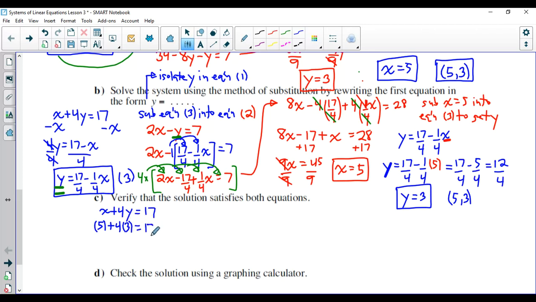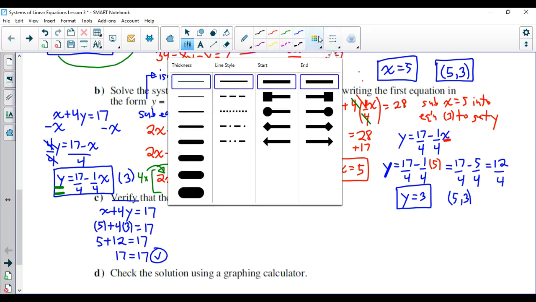And that's equal to 17. So this would be 5 plus 4 times 3 is 12, 5 plus 12 is 17. So you'd have 17 is equal to 17. Both sides are balanced. Therefore, yes, we did verify that the solution is satisfied.